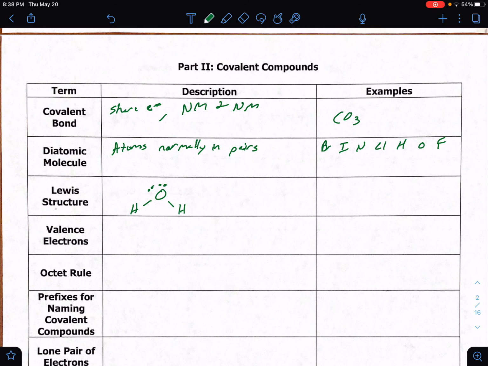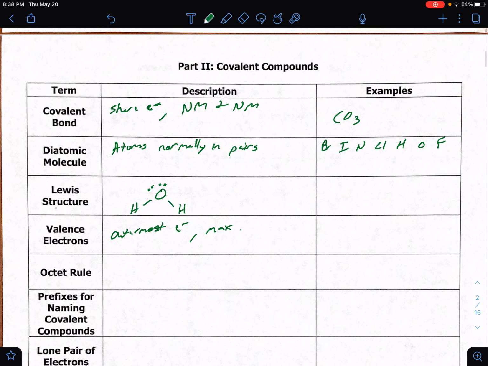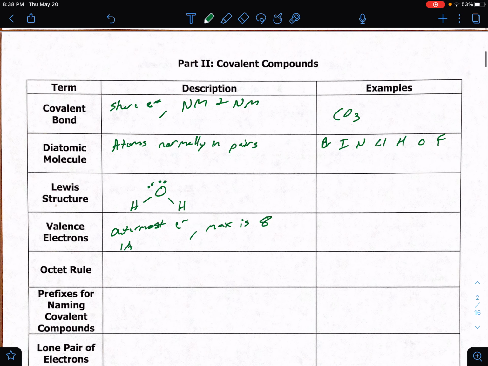Valence electrons are your outermost electrons. The max number is 8. If you look at the top of your periodic table, you get the 1A, 2A, and then you go all the way to 8A.